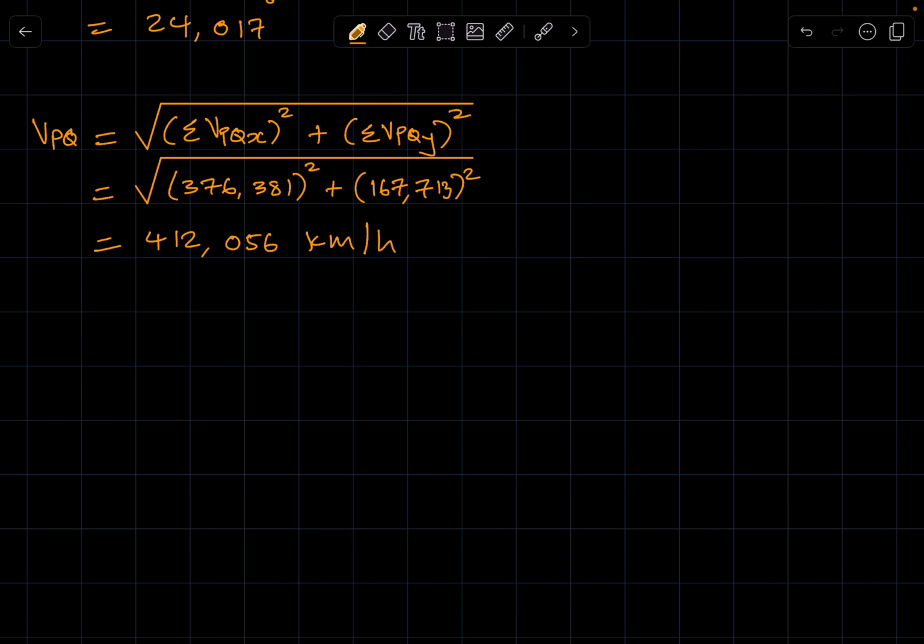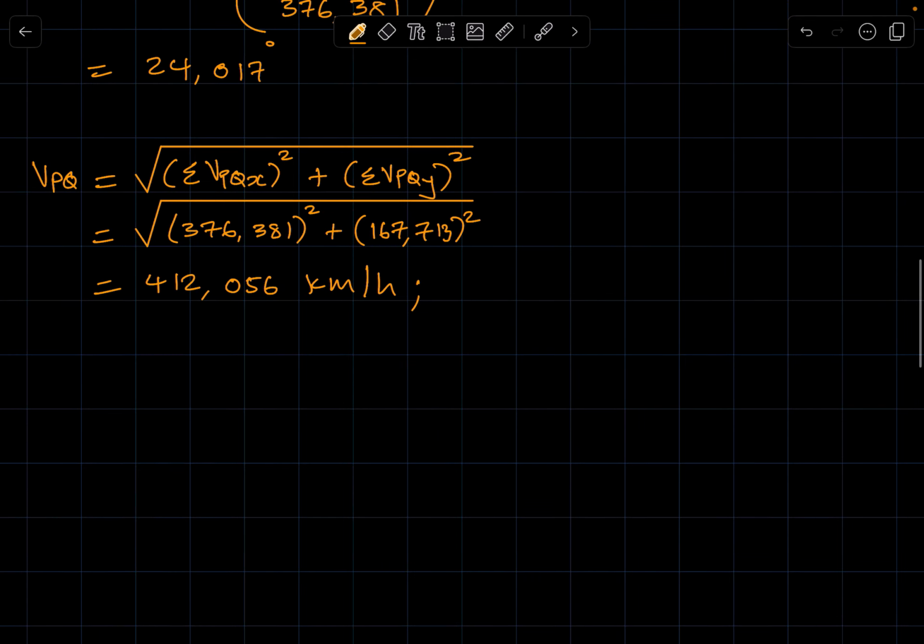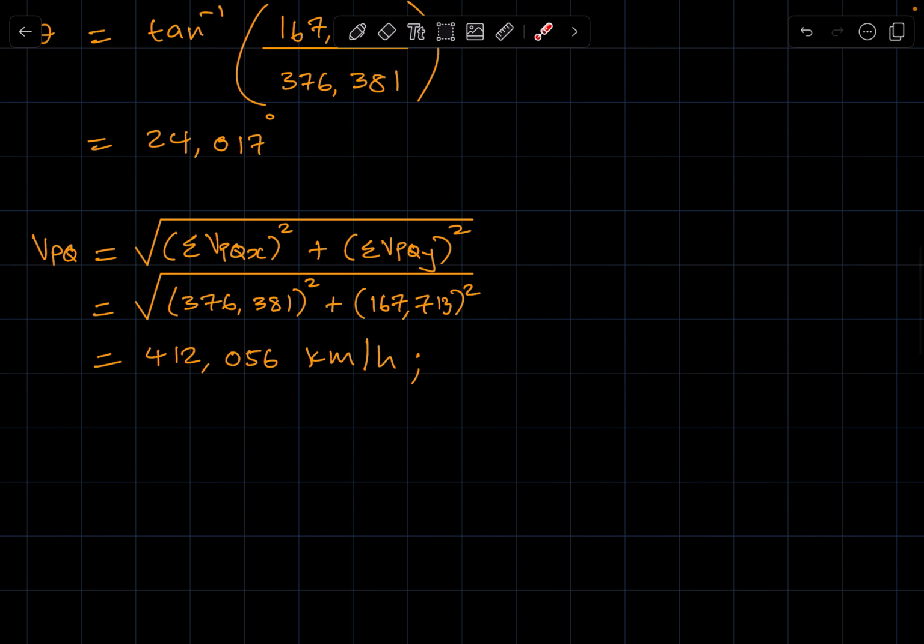Now how we write down the resultant: you have to write its magnitude as well as its direction, which we've already essentially established. So we have the magnitude. Remember, this angle is referenced from the x-axis.